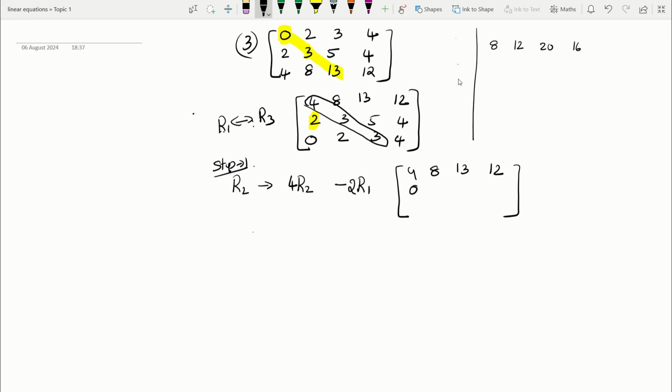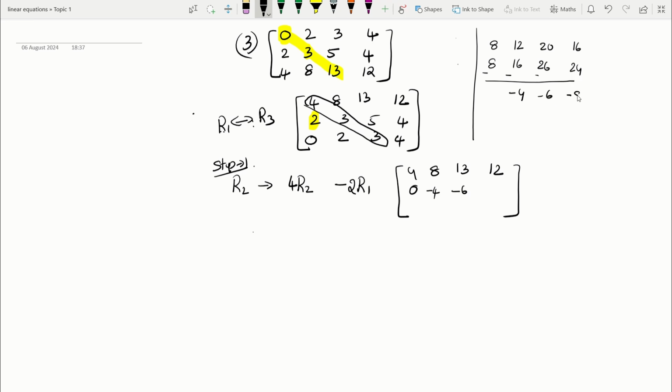And 2 8s are 16. 4 into R2 minus 2 into R1. 4 3s are 12. See, if you want to do that rough work, better to do it here. You may not get confused. I prefer to do it like this. Okay, ma'am. 4 2s are 8, 4 3s are 12, 4 5s are 20, 4 4s are 16. This is easy for us.